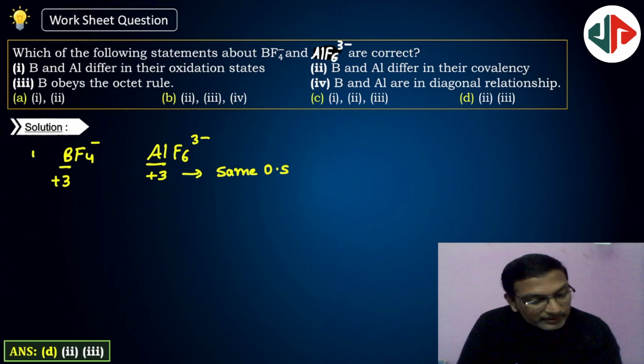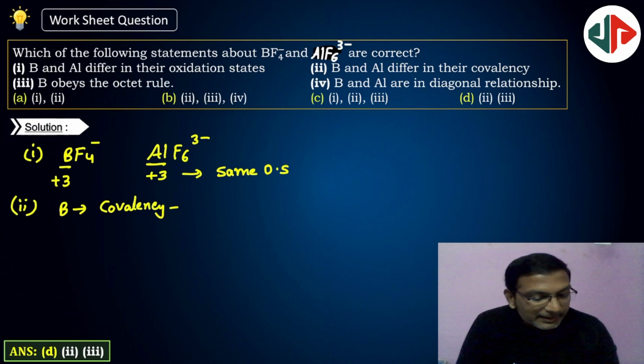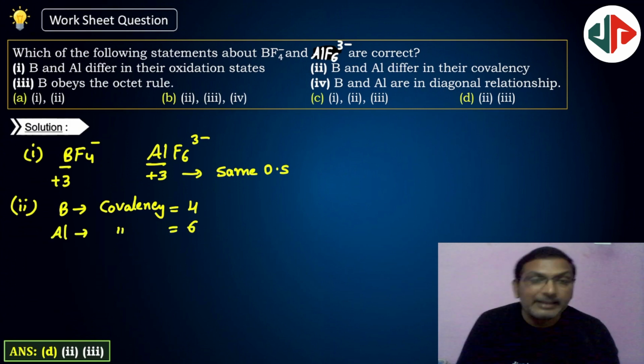Second option, covalency. For boron, covalency is the maximum number of bonds around boron, so 4. For aluminium, covalency is 6, as 6 fluorine atoms are surrounding aluminium. Boron and aluminium differ in their covalency. So this is a correct statement.